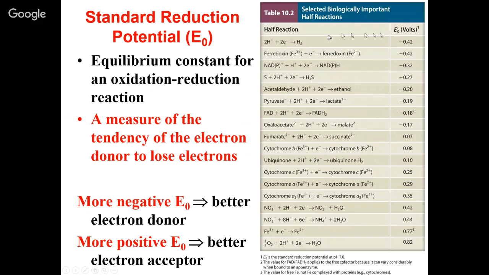So let's look at the very top one here. It says selected biologically important half reactions. We have 2 hydrogens that are positively charged and 2 negatively charged electrons, and we bring those together. This one's kind of a funny one because normally we associate reduction and oxidation reactions with the movement of hydrogen, right?